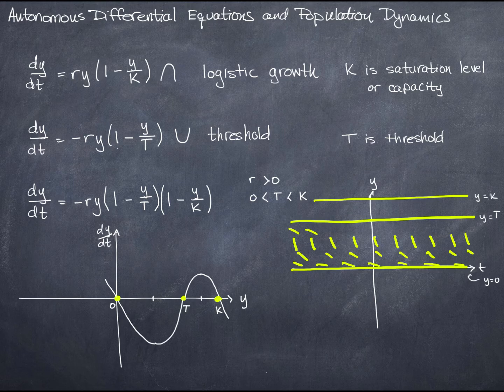And they're smaller and smaller still. But negative, they're all negative in here. Between t and k, they're small positive, then large positive, then small positive. So I have small positive, large positive. Not much room for change in here because it's a smaller range of values.